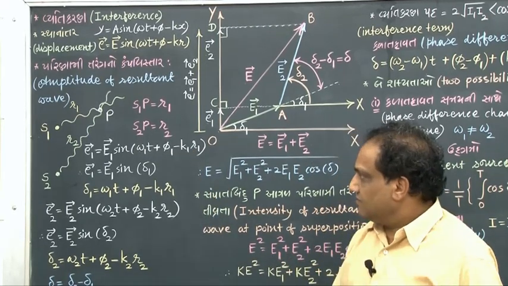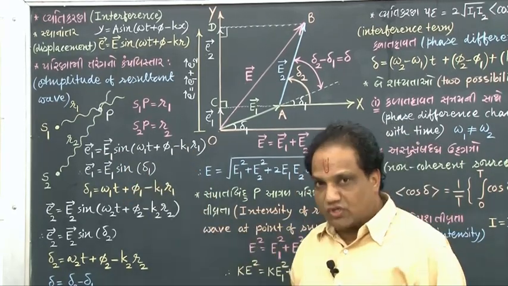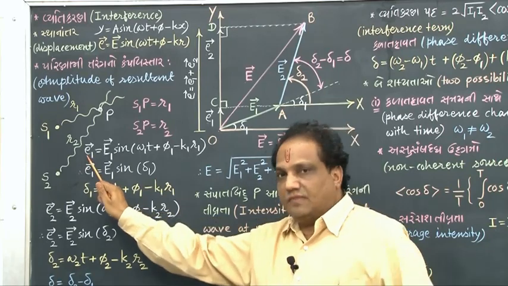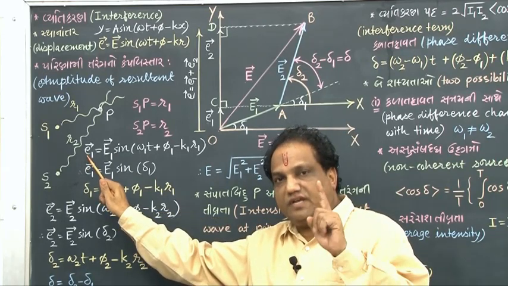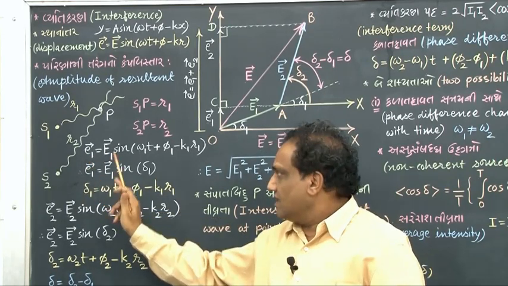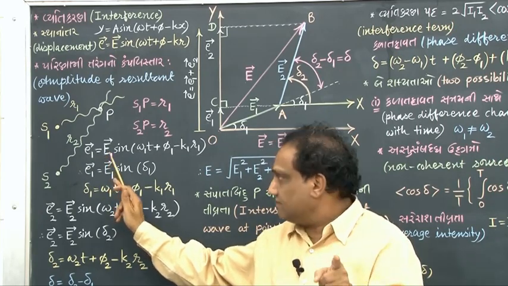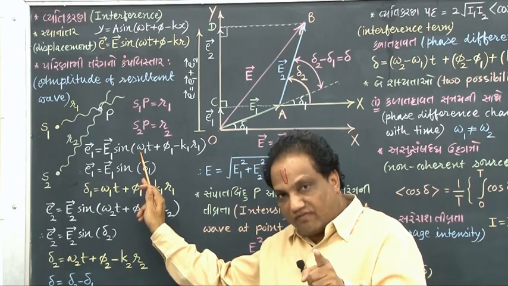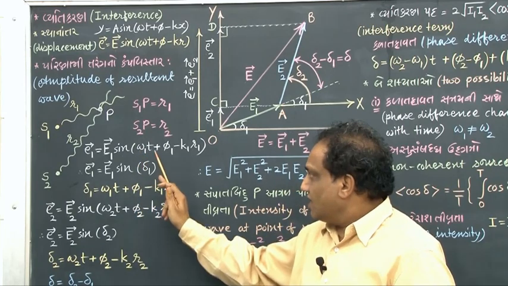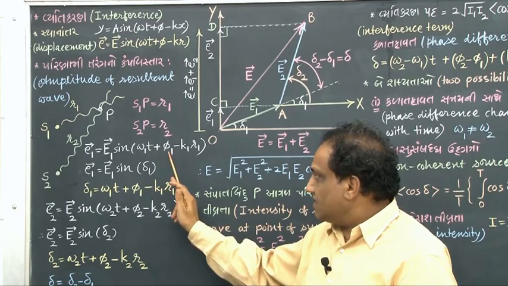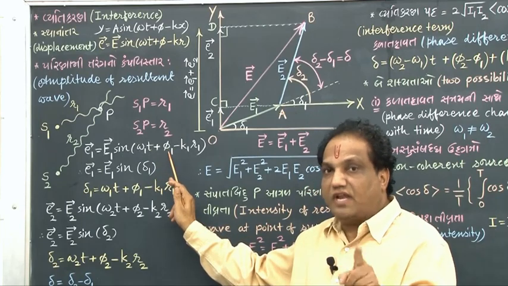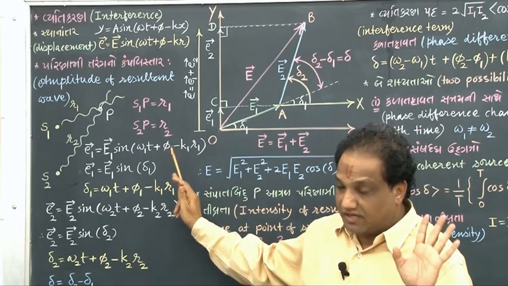Correct? Fine. Just give me identification of each quantity. This is displacement of first electric intensity vector. This is amplitude of first electric intensity vector. This is angular frequency of first wave. Given time, this is initial phase of first electric intensity vector.